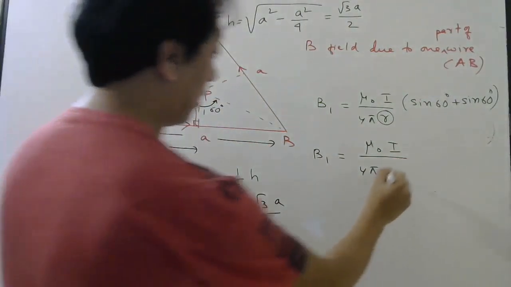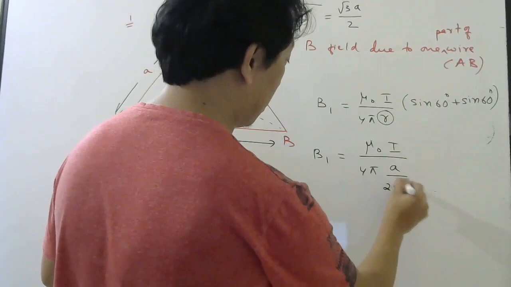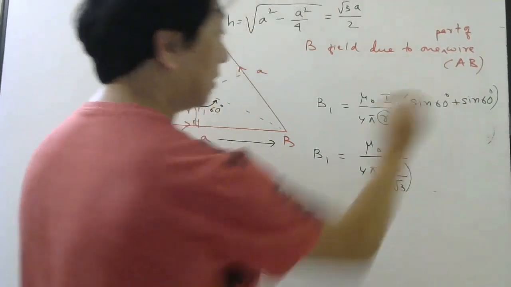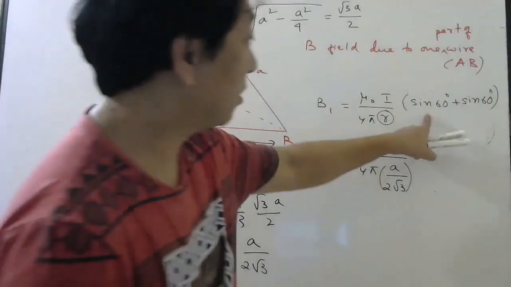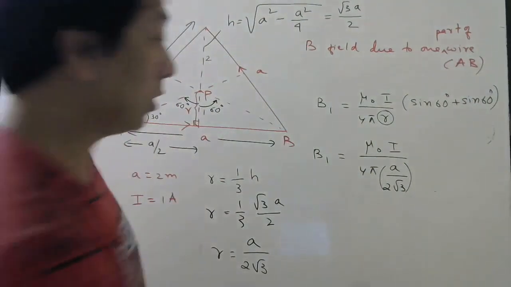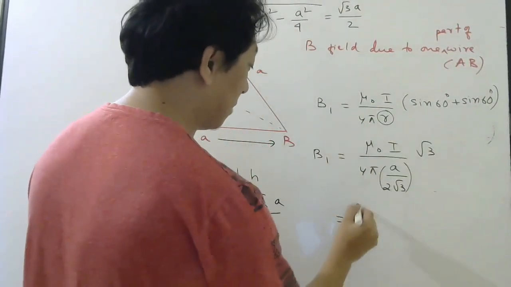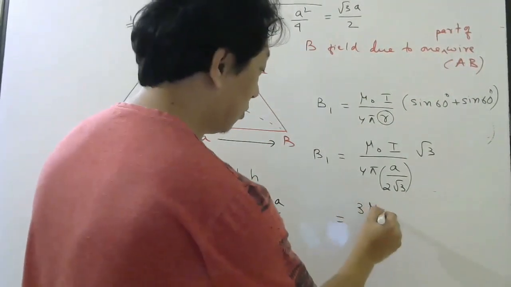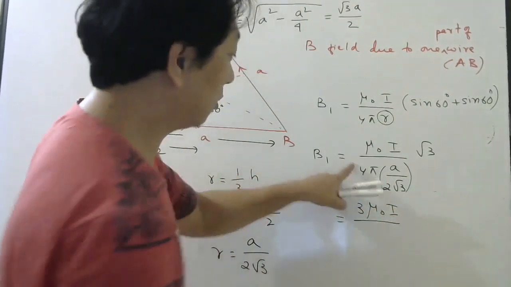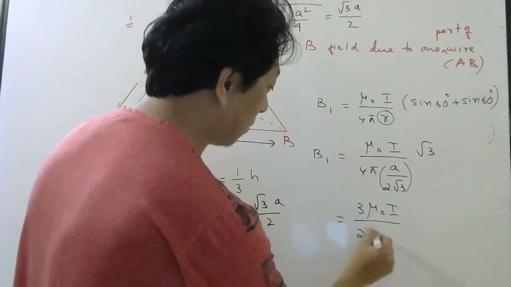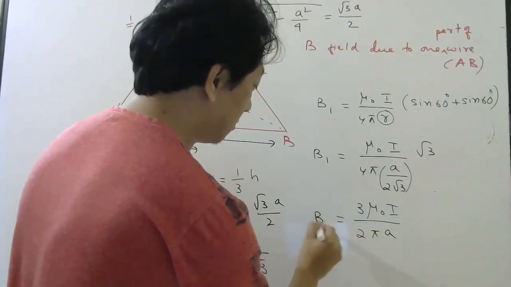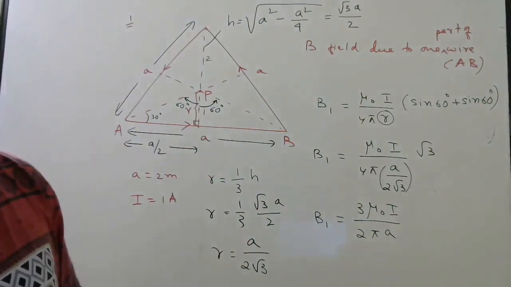R is A by 2 root 3 and sine 60 is root 3 by 2. So root 3 by 2 plus root 3 by 2 will be root 3. This root 3 will go up, that will become 3. Mu naught I divided by 4 by 2, I can write 2 here, pi A. So this is magnetic field due to one part of the wire.